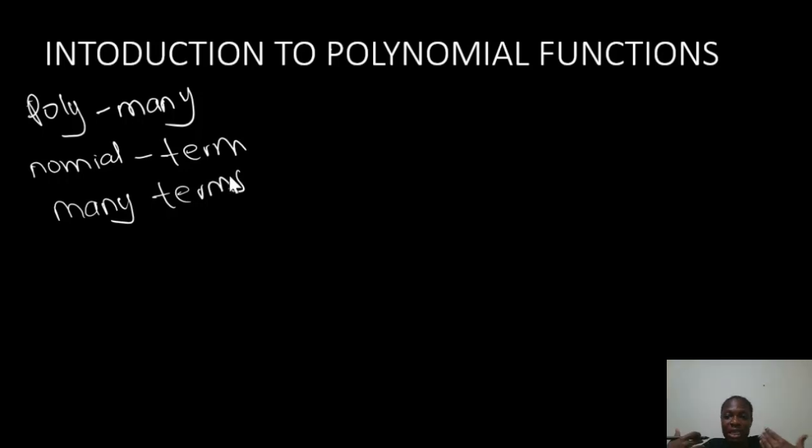And a function is basically a mathematical relation which assigns exactly one output to each input from a specific set. So for a function, if you give it any input, it gives you just one output.